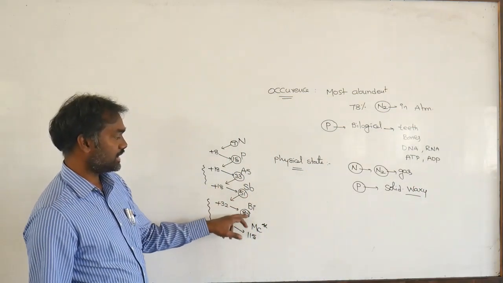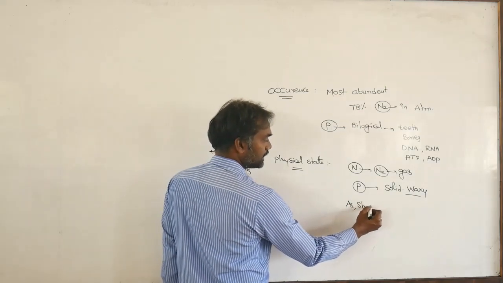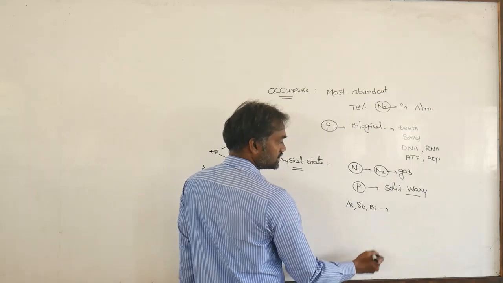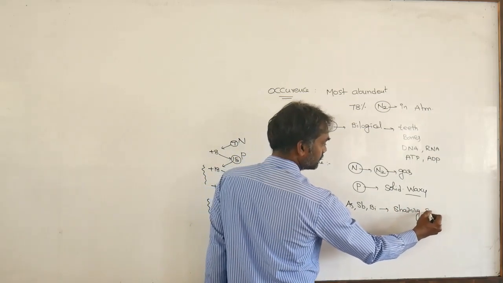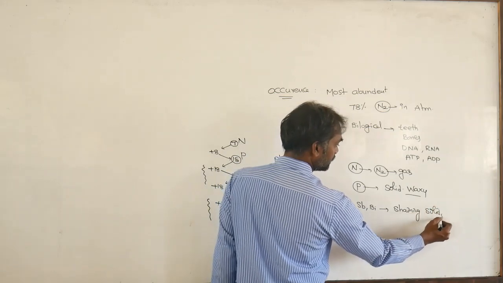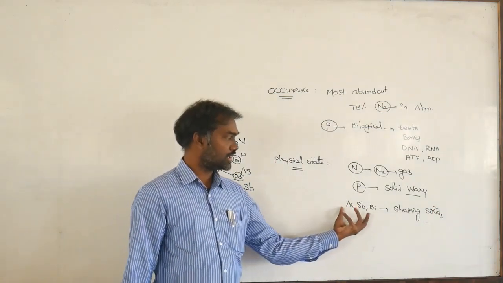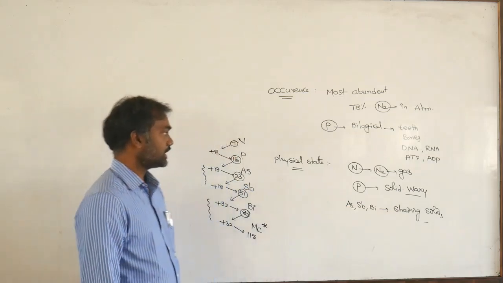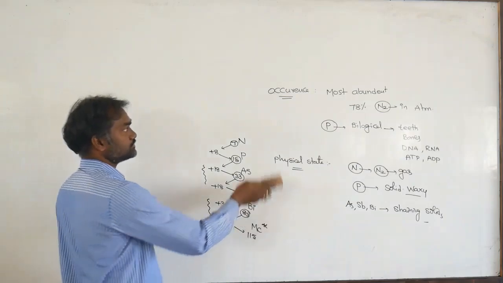Next, arsenic, antimony, bismuth are shining solids. When light falls on them, brightness will come. Next, other properties we will see one by one.